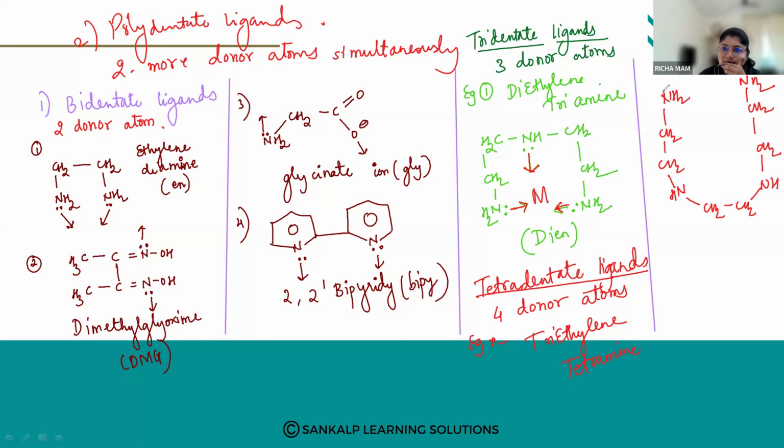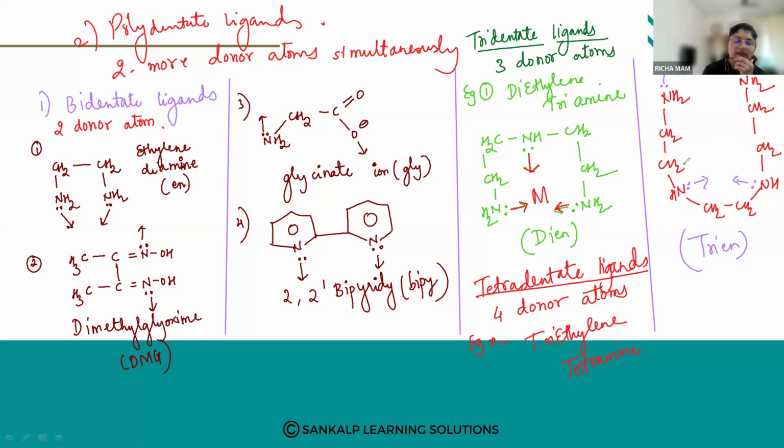So which are the four donor sites? 1, 2, 3, 4. So in the same molecule you have four donor sites. So what is the name? Triethylene tetraamine.